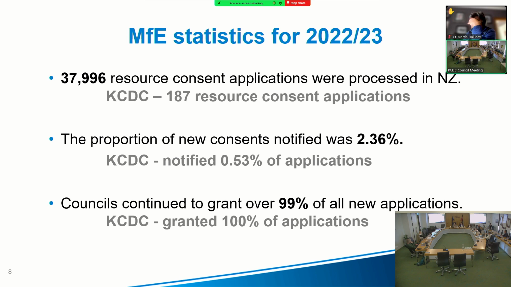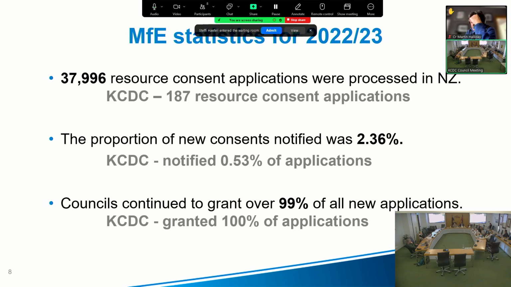The second thing that I wanted to mention was in terms of the judicial review process, right? So once a decision is made to not notify an application and the decision is granted, anyone from the public essentially can go into a process where they ask for that decision to be reviewed by the court system.